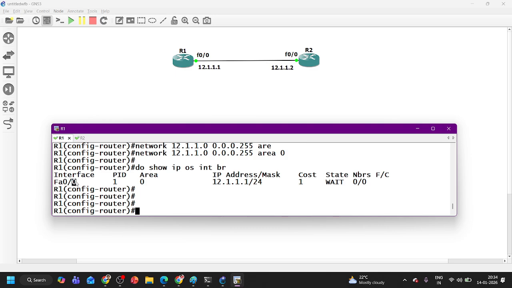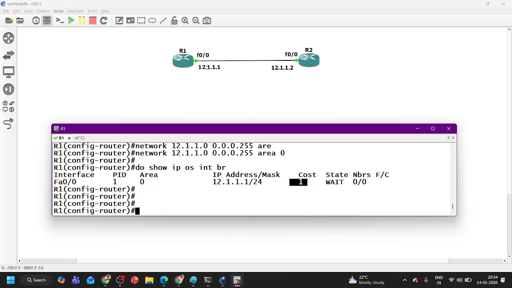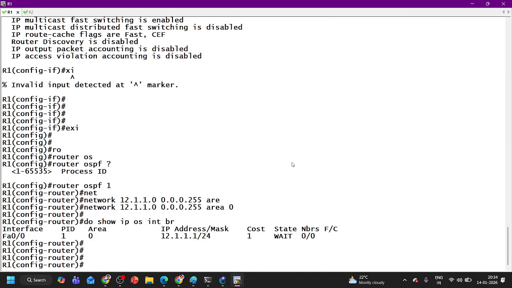Here you can see on FastEthernet 0/0, process ID is 1, area ID is 0, IP address is 12.1.1.1, subnet mask /24, and cost is 1. State is waiting. How is the cost 1? Because this is a Fast Ethernet link and the reference bandwidth is 100 by default.